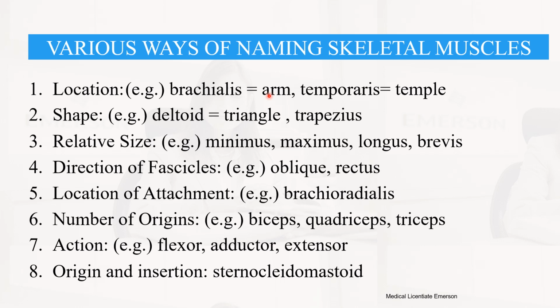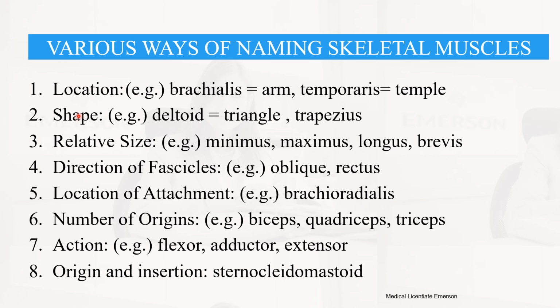Remember the arm is also known as the brachium, so muscles of the arm have the name brachialis. Then in the temporal region, on the temple, the muscles found there are known as temporalis.